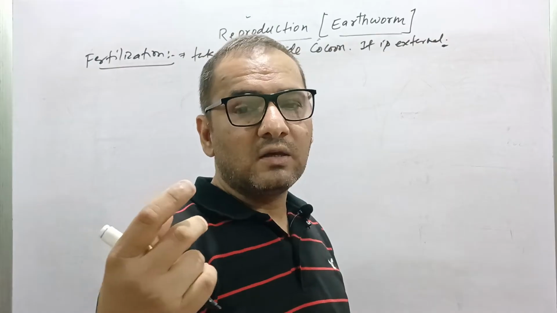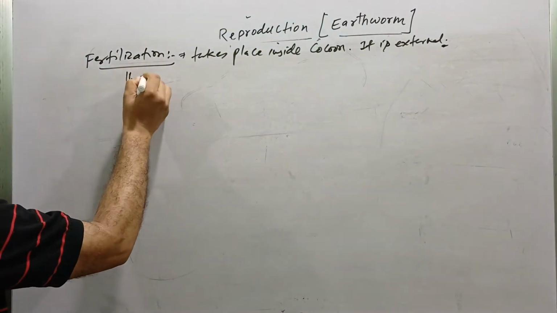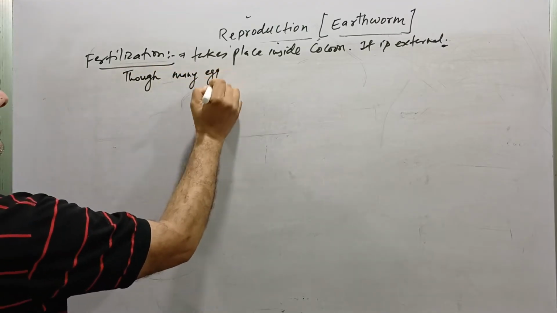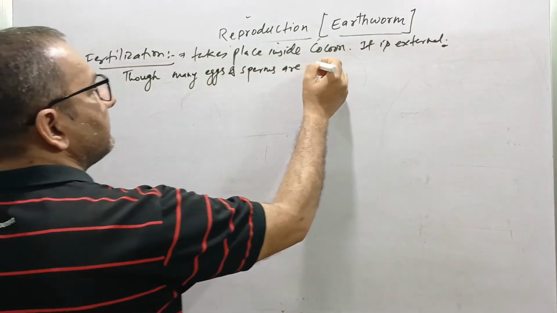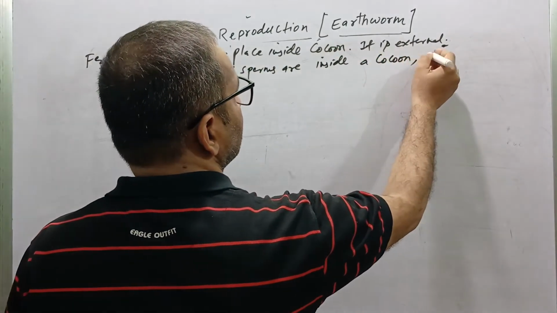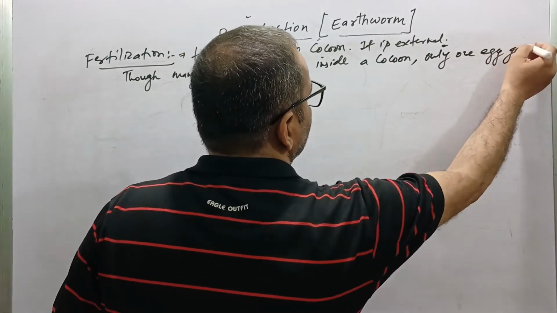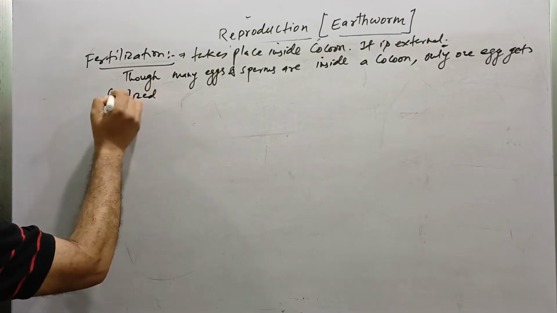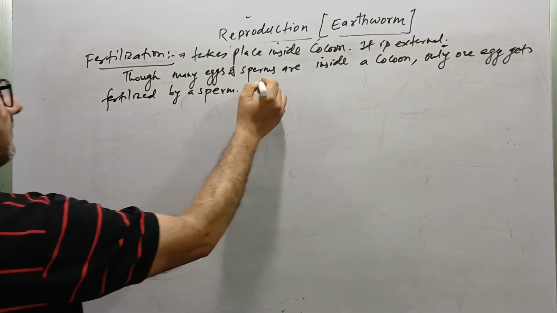That means they act as the nurse cells. They provide the nutrients. Though many eggs and sperms are inside a cocoon, only one egg gets fertilized by a sperm.